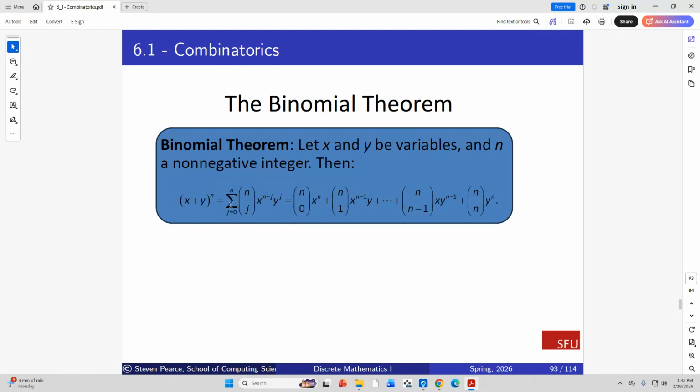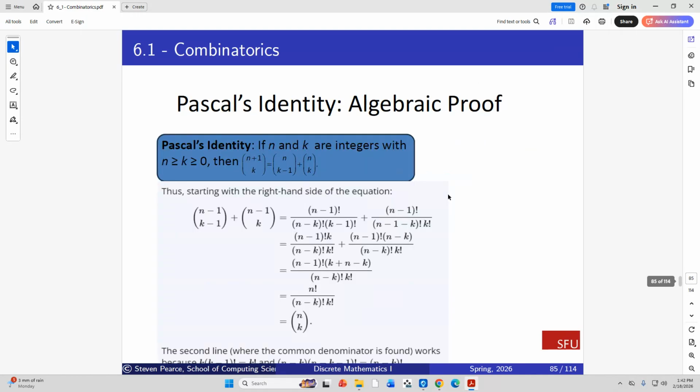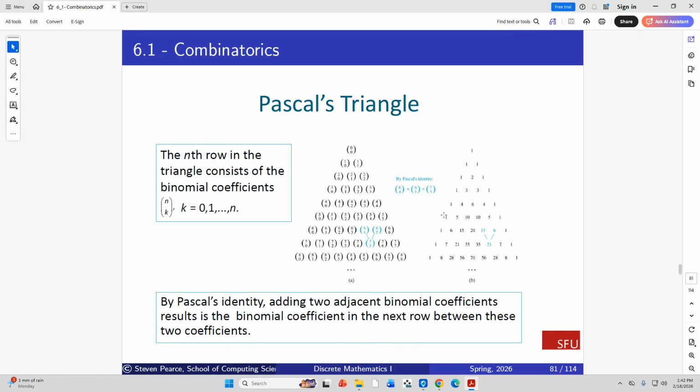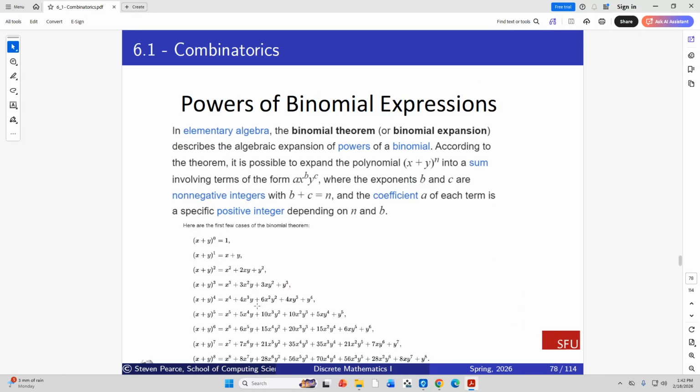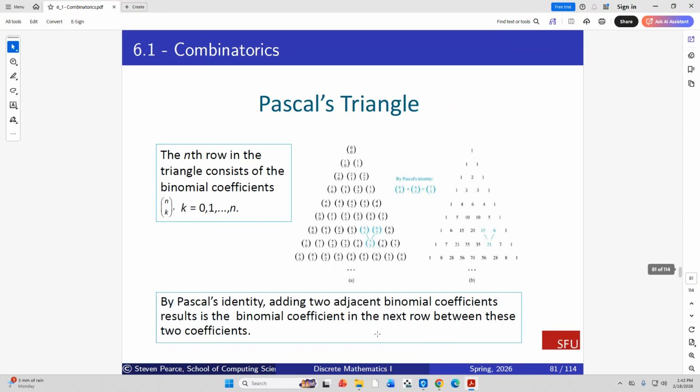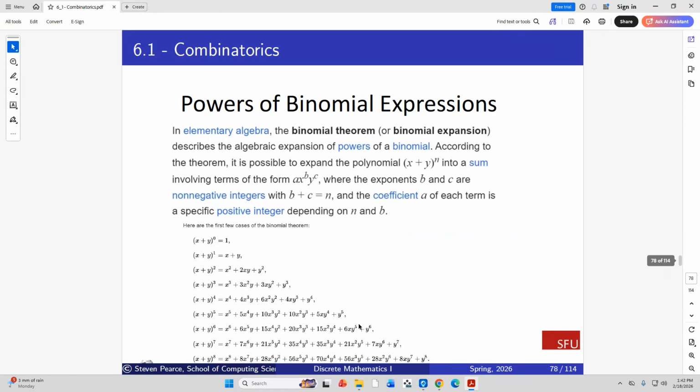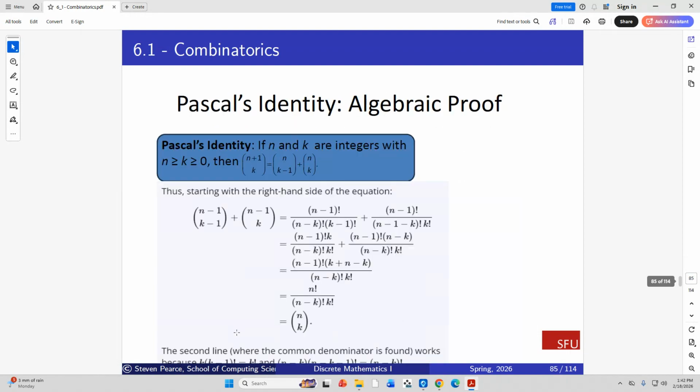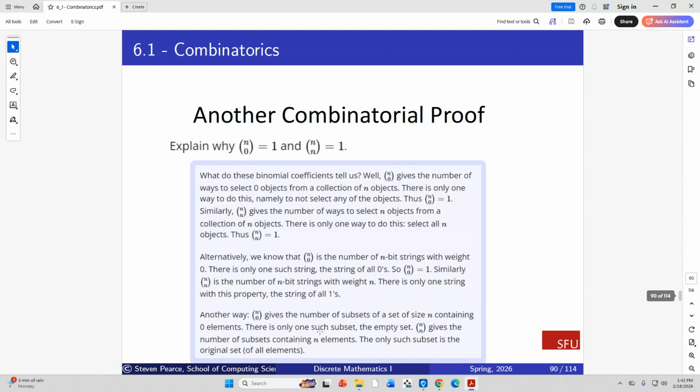The sum from j equals 0 to n for the expansion of x plus y to the nth power is n choose j times x to the n minus j times y to the j, which, if you expand the summation out, is exactly these terms that we talked about right here. We're providing a simple, compact way of describing this progression up to any arbitrary number n. That's good to know.